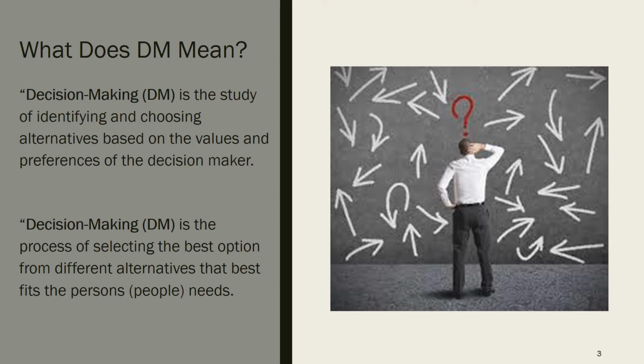We can also define decision making as the process of selecting the best option from different alternatives that best fit the person's or people's needs. The important point to consider here is that it's not the optimal solution, it's the best based on the people's needs or requirements.